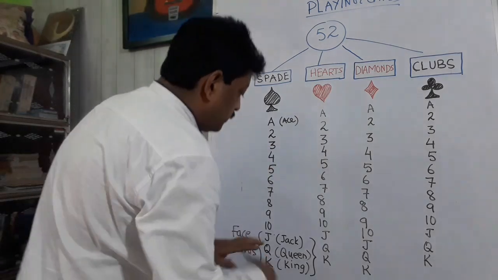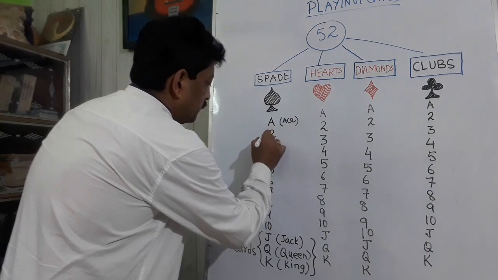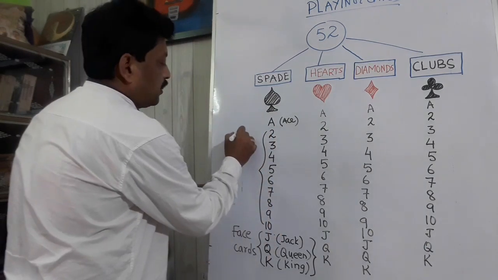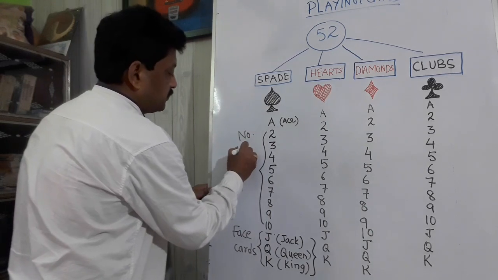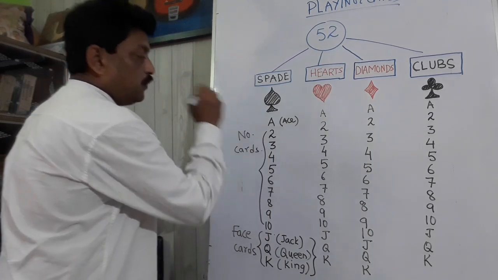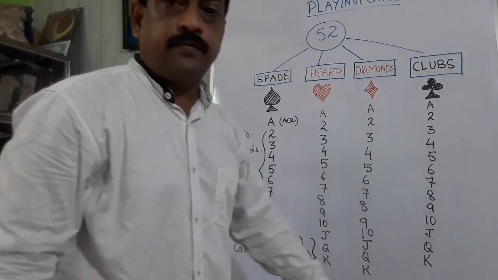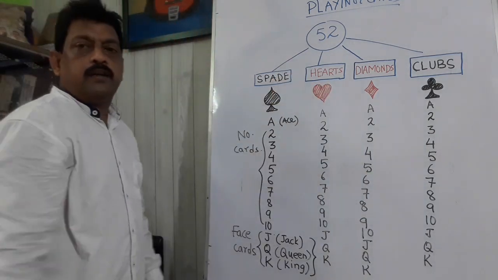And the remaining group which have numbers printed on them are known as the number cards. Same thing is there in each suit. Total 13 cards and all are divided equally.